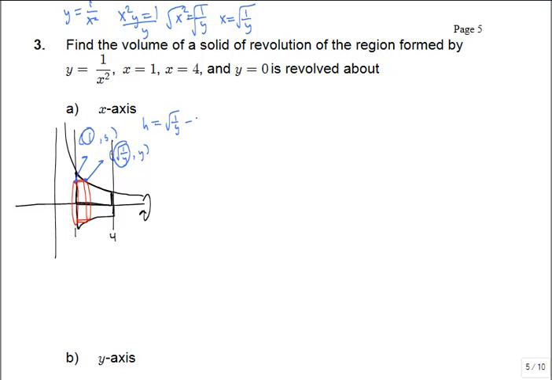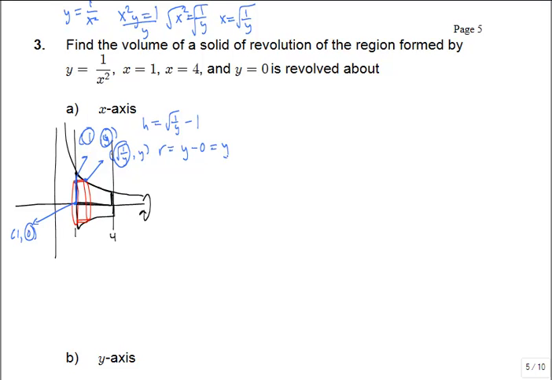So my height would be this x value minus this x value. Then the radius would be from here to here, and that point down here at the bottom in the center of my circle has an x value of 1 and the y value is 0 because it's on the x-axis. So this vertical distance here is going to be this y value, which is just y, minus this y value, which is just 0.